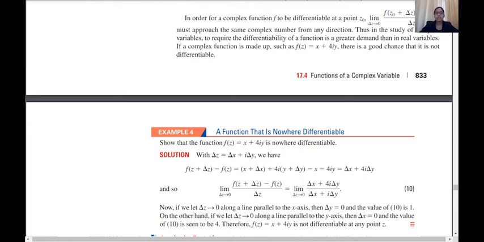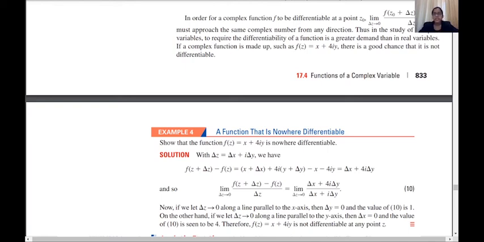Mostly we will be using these two conditions only, that is delta z tends to 0 along a line parallel to the x-axis, in which case delta y will be 0, and in the other case delta x will be 0. That will make our calculations much easier. So we'll just see the examples in such a manner.